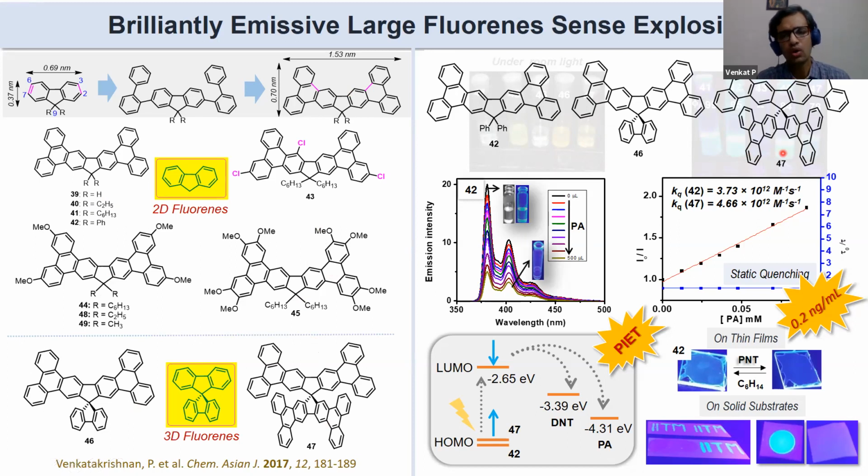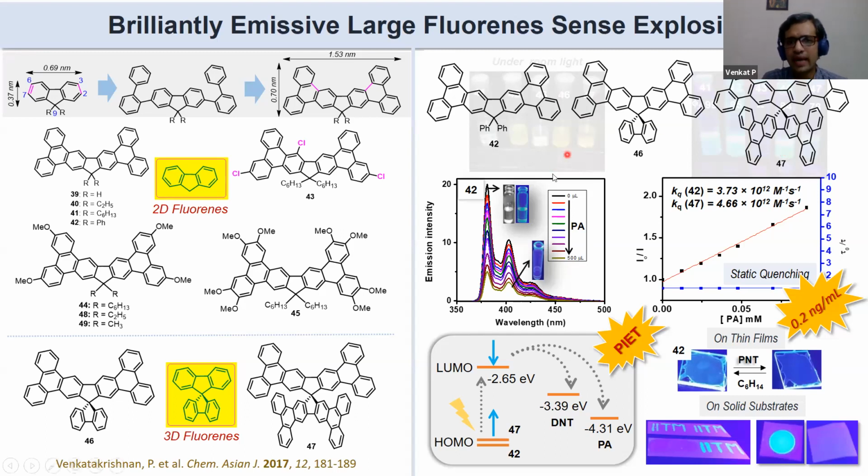Okay. Now, because you have a very high fluorescence quantum yield, any minute change in the emission intensity could be very informative, particularly if you are looking at sensing, for example. Being electron-rich skeletons, these fluorenes could be ideal candidates to sense electron-deficient aromatics, and hence our attention went to electron-deficient nitroaromatics, which are otherwise popular explosives.